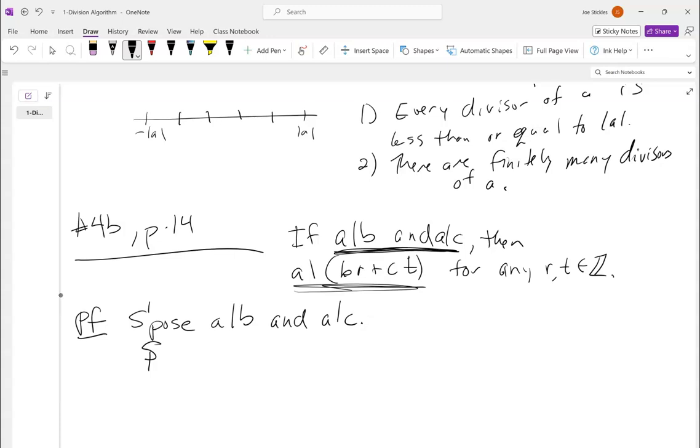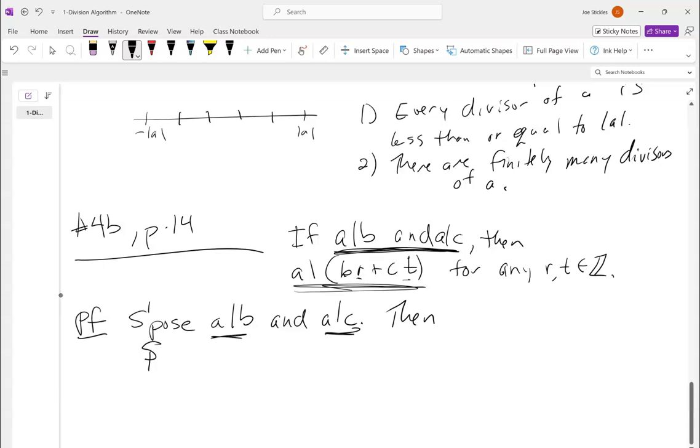All right. So again, thinking of the definition of divisibility, how can we rewrite what these symbols mean? B is equal to A times R, and C is equal to A times T. Okay, so probably don't want to use the R and the T because that's what I want to multiply by at the end.